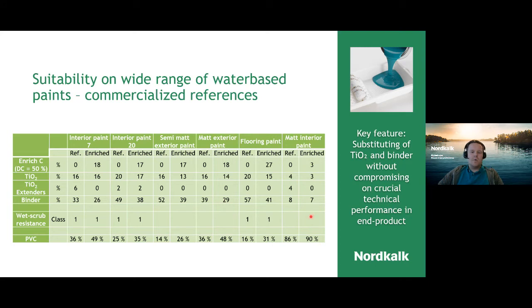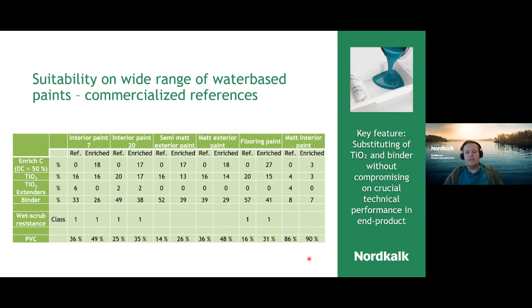So a very wide range, starting from this reference product here, 14% PVC, up to this 86, and then we have increased the PVC values to 26, and here even up to 90.